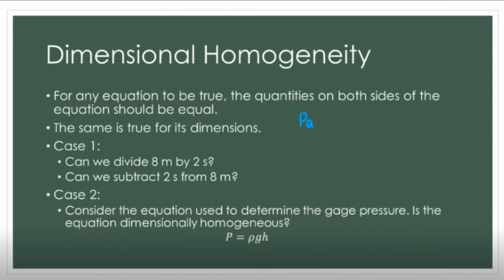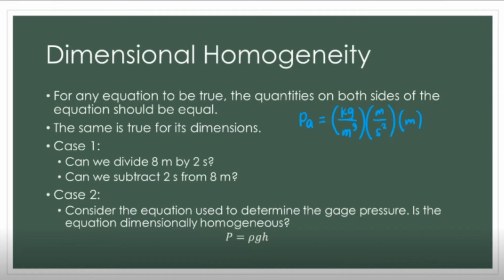On the right-hand side, we can also multiply the standard units of the following parameters. For density, the standard units are kilograms per cubic meter. For the acceleration due to gravity, we have meters per second squared. And finally, for height, our standard unit is meters.